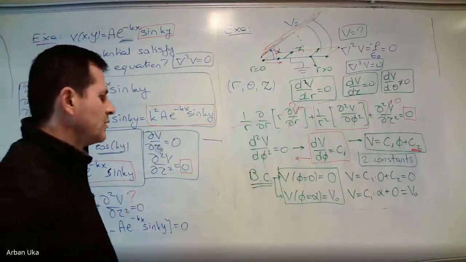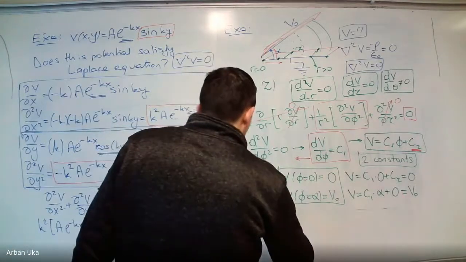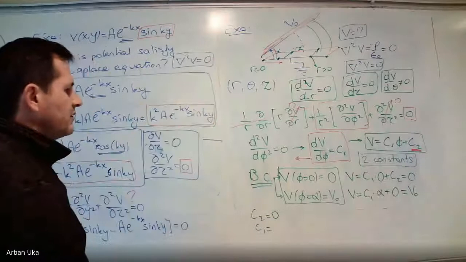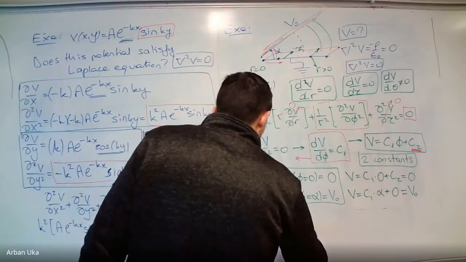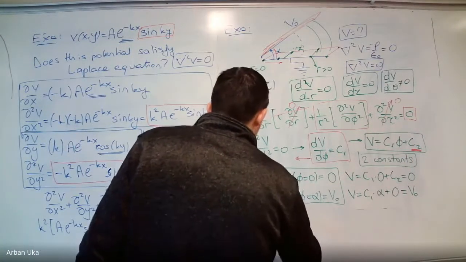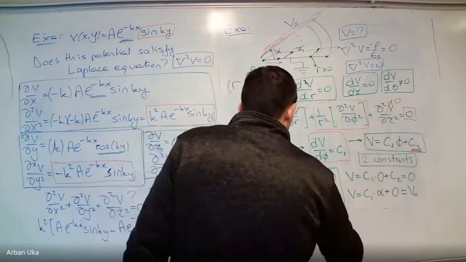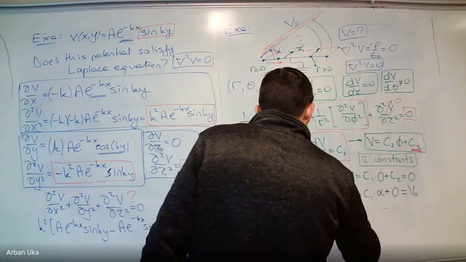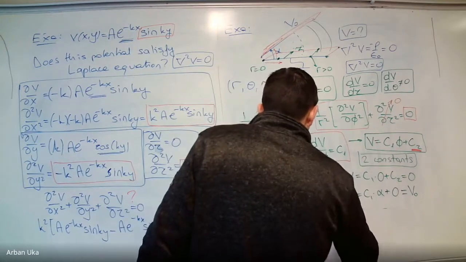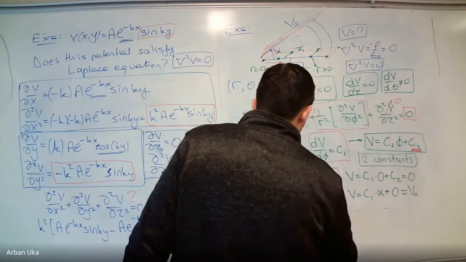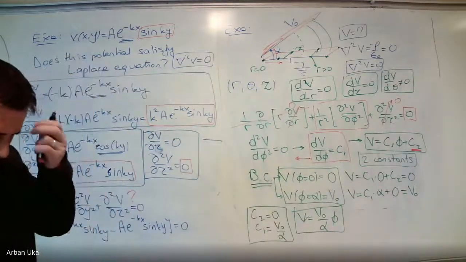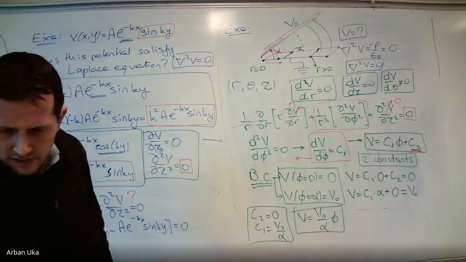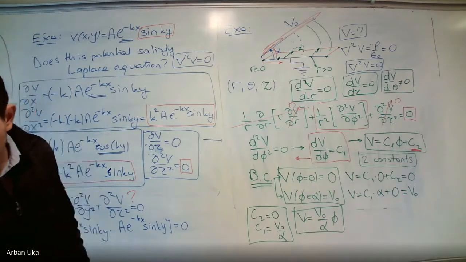And we found that C2 is 0, and C1 is equal to V0 divided by alpha. And then the potential is V0 divided by alpha times the angle phi. So this is the potential for this geometry, given the initial conditions that we had.